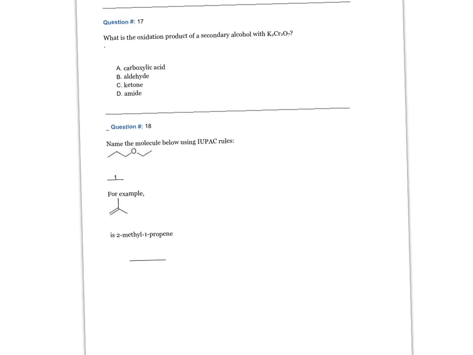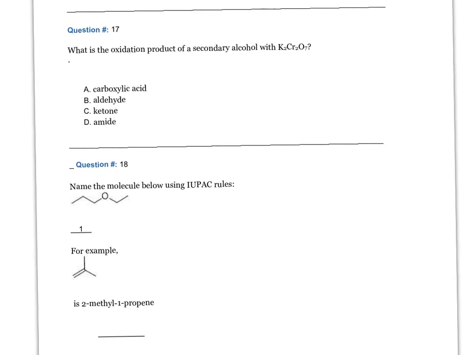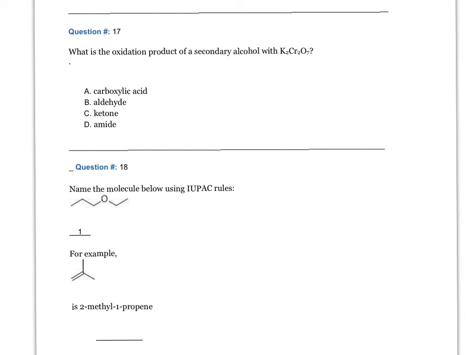Question number 17. What is the oxidation product of a secondary alcohol with potassium dichromate? For this type of problem, just draw a secondary alcohol, any secondary alcohol of your choice.